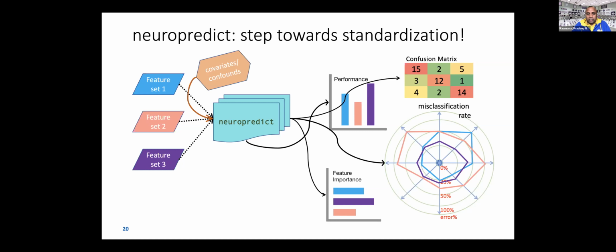Another related problem, like we learned this morning, is that while you make predictions, there are a lot of confounds that you need to take into account. It could be age, gender, site, and many other factors.